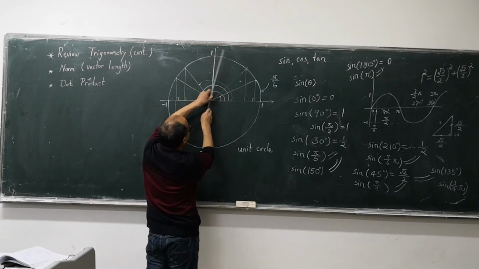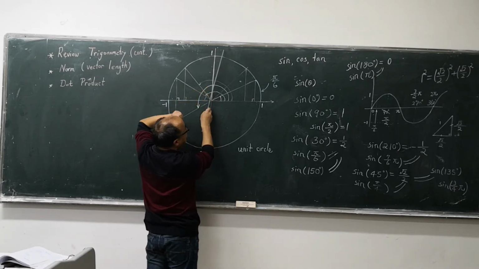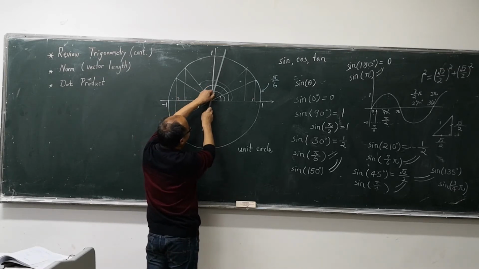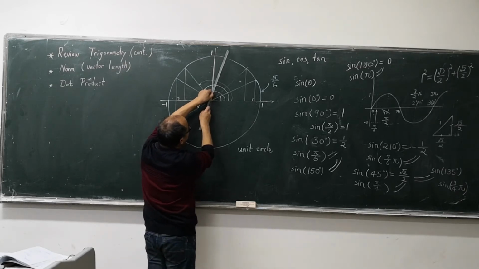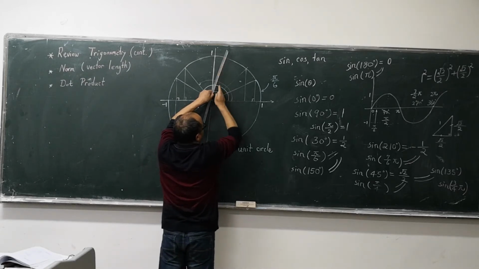89 degrees, 91 degrees. I'm exaggerating the one. 89 should be very close, but let's say it's here. 89 degrees is here.